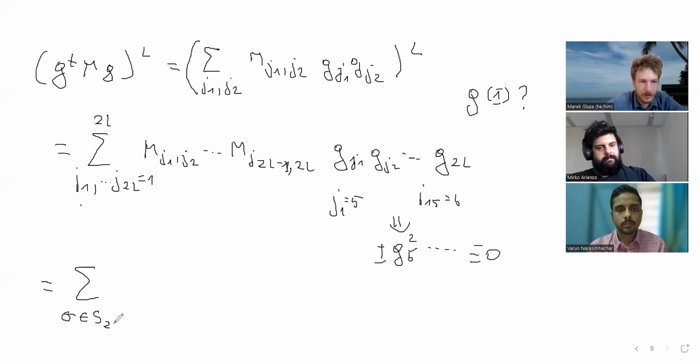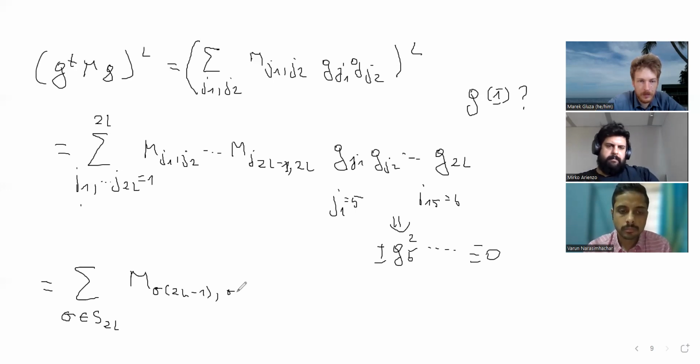sigma in the symmetric group S_{2L}, and then I will have M of sigma(2k-1), sigma(2k). And here I have just a regular product from k equals 1 until L, just writing those dots as products.